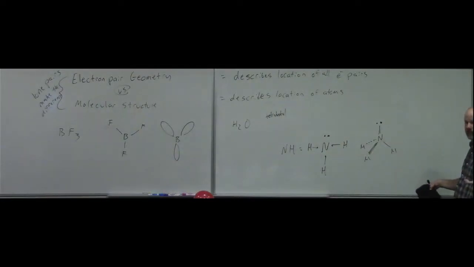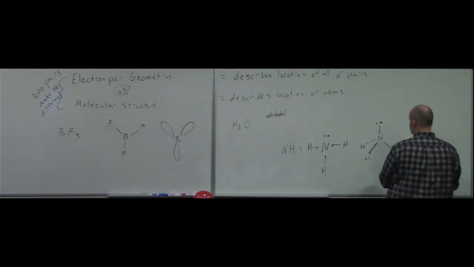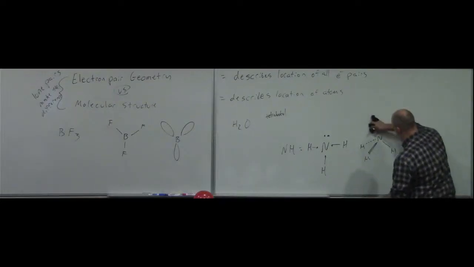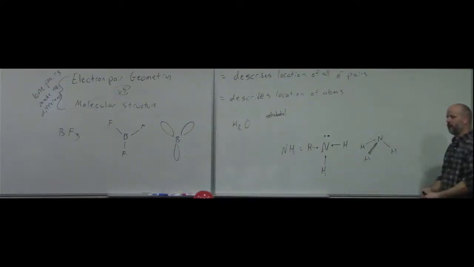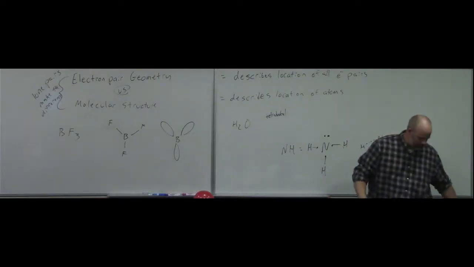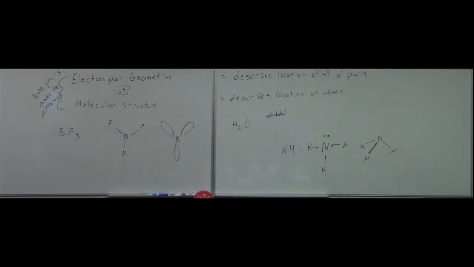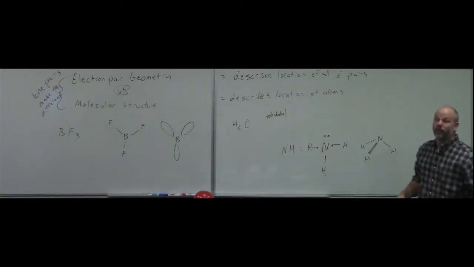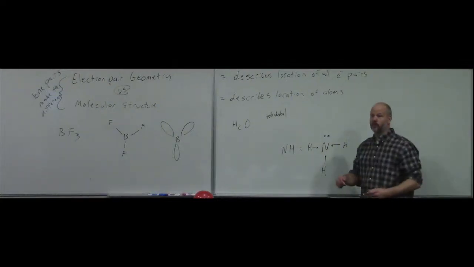But now, maybe here's the trick for us all. Ready? If I want to do my molecular structure, just delete the dots. Well, what is that now? There it is. It's trigonal pyramidal. This is called trigonal pyramidal.